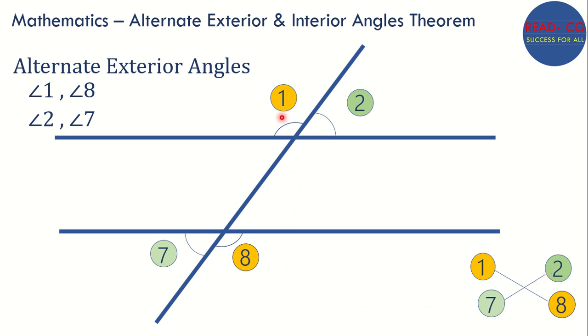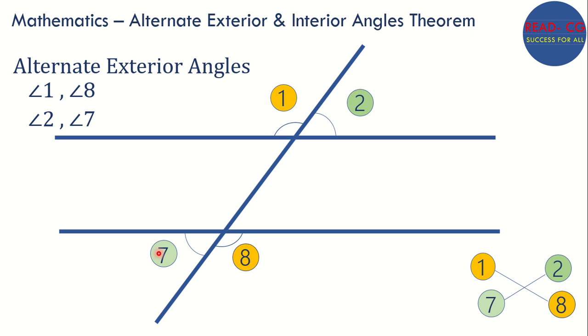So here angle 1 and angle 8, these two angles are known as alternate exterior angles.